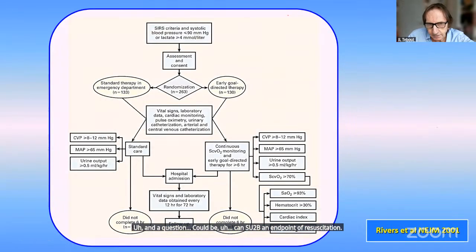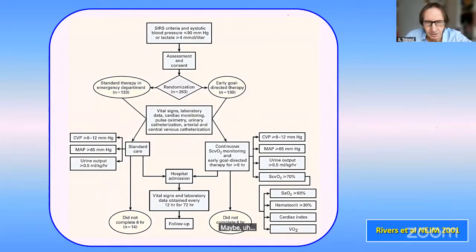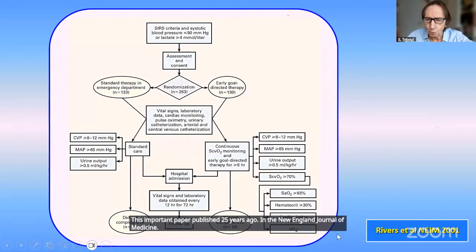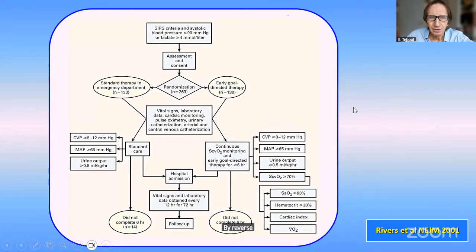Maybe you remember, maybe not, this important paper published 25 years ago in the New England Journal of Medicine by Rivers and co-workers. They compared two strategies in patients with septic shock.